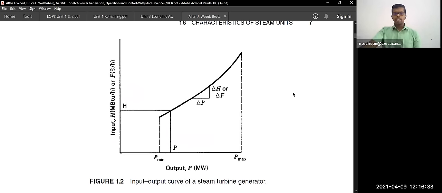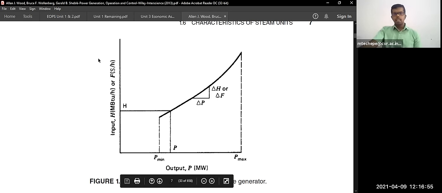And if you see the characteristics, this is the input-output curve of a steam turbine generator. In the x-axis, we have taken the input as the heat, that is MBTU per hour, or the fuel cost in dollars per hour.